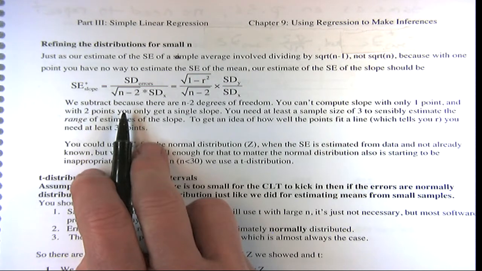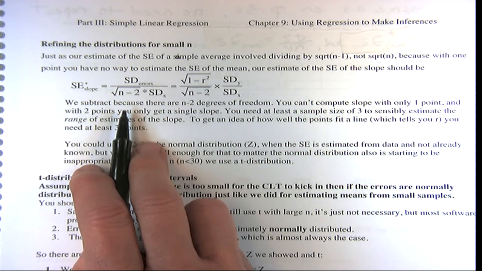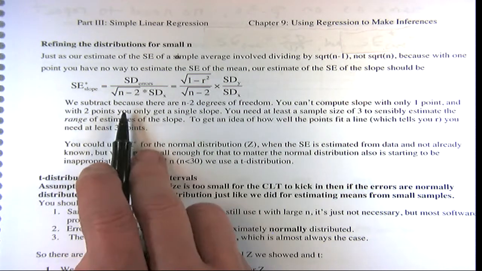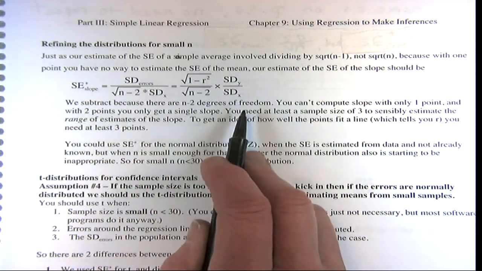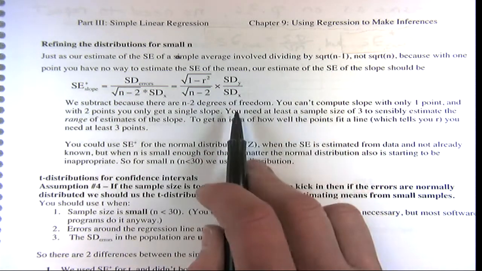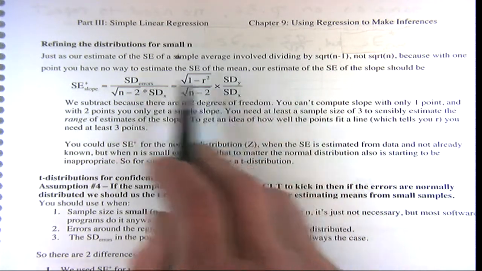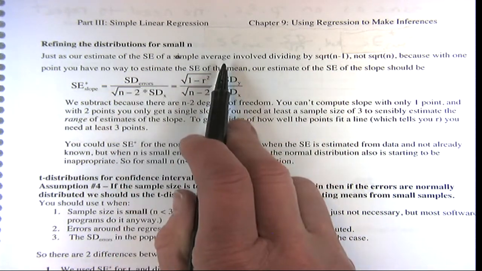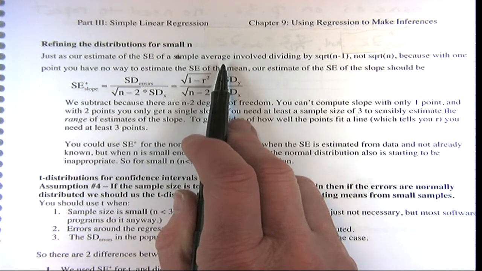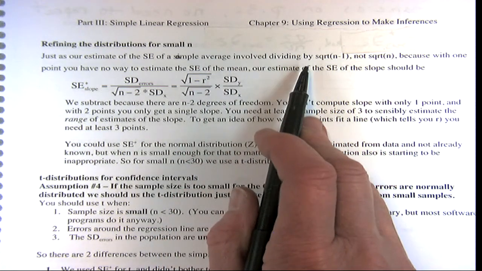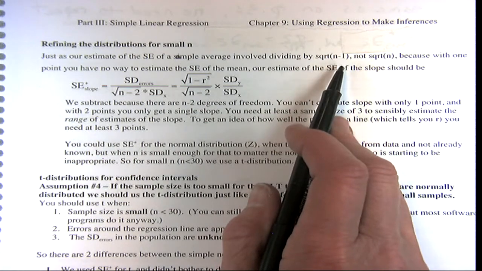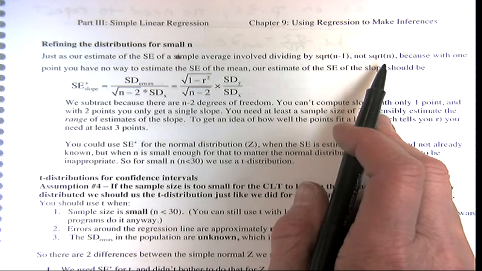Now, why do we subtract? We do this when we're trying to estimate the standard error of the population. We don't know the standard deviation of the population. We're basing it on our sample. So we subtract because there are n minus 2 degrees of freedom. Remember when we were estimating the standard error of a sample average, and we divided by the square root of n minus 1, not the square root of n, all right?